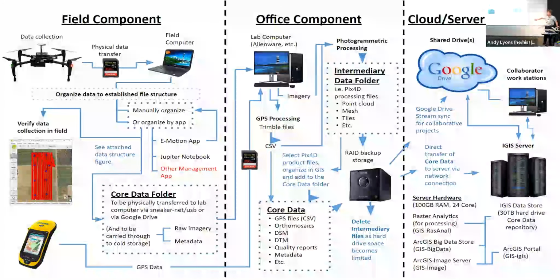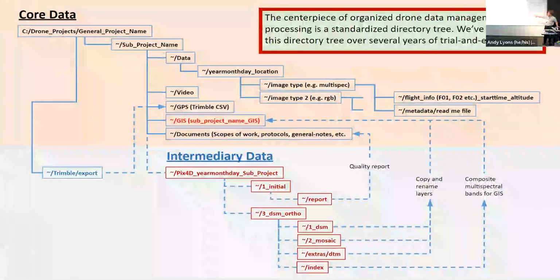So, in a nutshell, that's what we do. I won't go into the details here, but we do identify what we can get rid of when we're done with the project, and what we want to keep in the long term on that server. So those principles might be helpful for others.